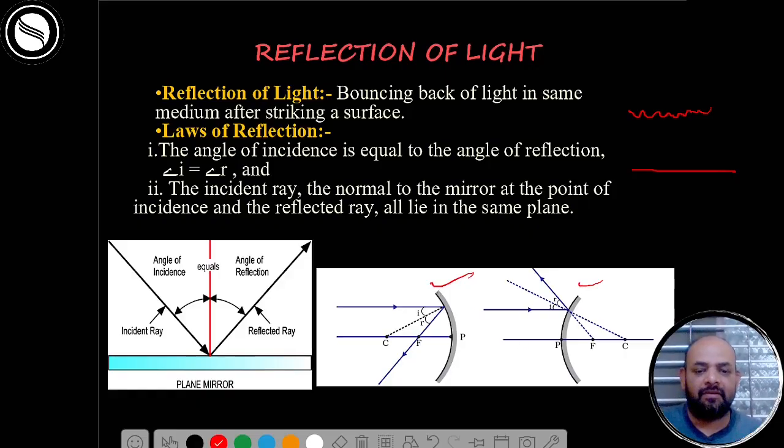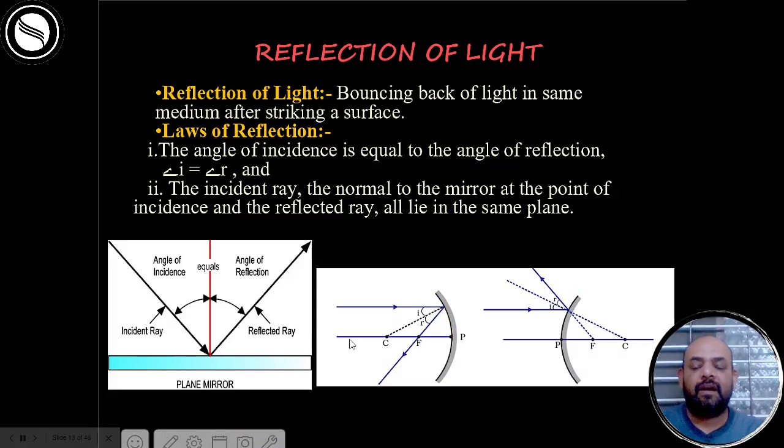This is not a plane surface, it is a curved surface. In this case also the law i equals r is followed. So i is always equal to r in all cases, whether light falls on a plane surface, a curved surface, or even a rough surface like this. So this is the first part, the law of reflection.